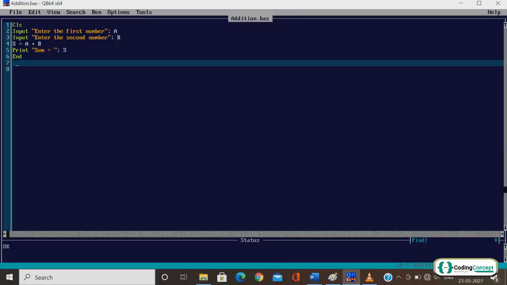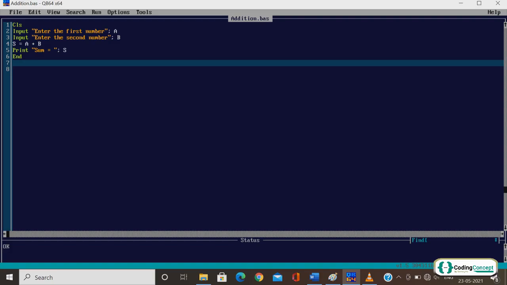Now let's have a look at how a computer actually responds to a program. This is a simple program written in the QBASIC programming language. I shall discuss QBASIC programs in my later lessons, so no need to worry about that. As of now, just focus on how a computer performs a task when a program is run.